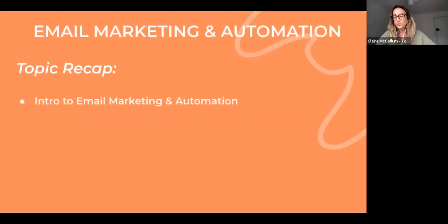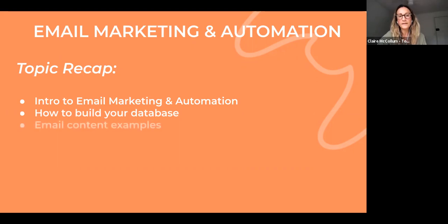Let's also look at a recap of all the topics that we've covered over these last 6 weeks, and this may really help with furthering your knowledge too. The first session we did was an intro into email marketing and automation: why we do it, what the benefits are, and how to build your database. We then did a 15-minute presentation on the ways that you can help build your audience and your database.